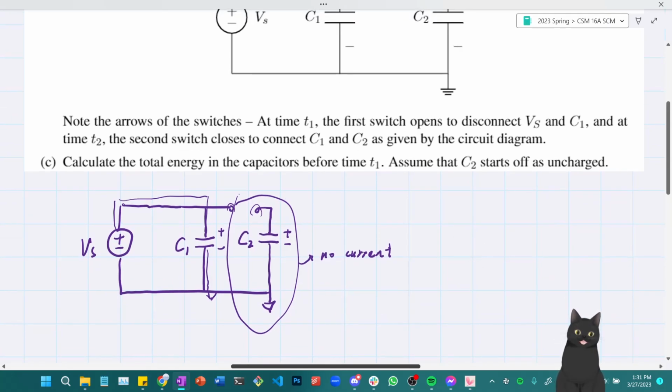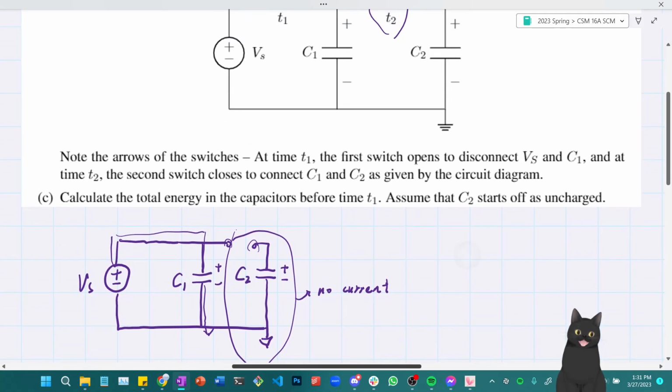So now I just have to know how to calculate the energy across the capacitor C1. Note that the formula of energy is equal to 1/2 CV squared, where V is the voltage across the capacitor. For us, the total energy in this circuit is only collected by capacitor C1.